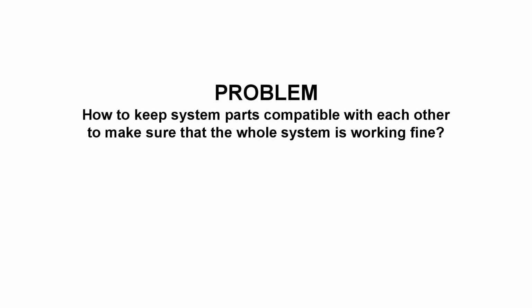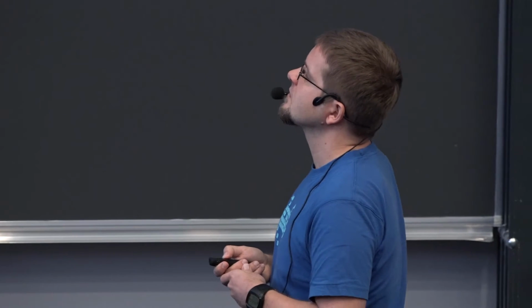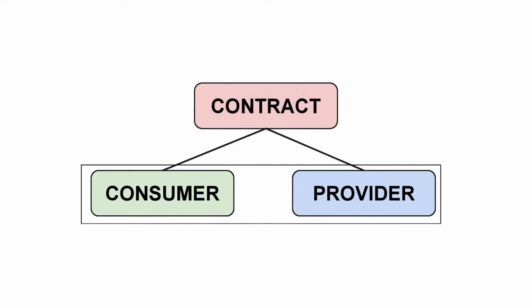Okay, so the problem was to keep this compatibility, right? To keep system parts compatible with each other. And the solution would be to notify all parts of the system about these breaking changes. And let's think if we accomplished that, if we succeeded. So this is the scenario.